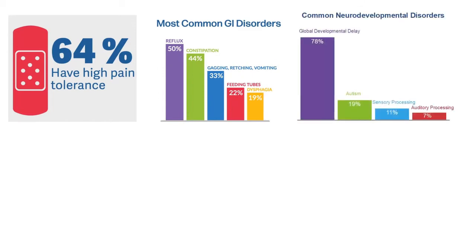So when we look at neurodevelopmental disorders, we can see that almost 80% of patients have global developmental delay, 19% have been diagnosed with autism, 11% have sensory processing disorder, and 7% have auditory processing disorder.